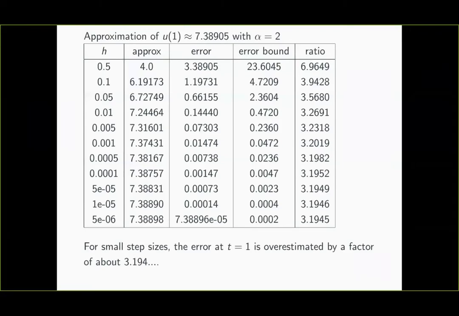The ratio of the error bound versus the true error is roughly 6.9, which is quite some overestimation. But as the step size decreases, we see that the error bound typically overestimates the true error by a factor of roughly 3.9. By the standards of numerical analysis, this is actually pretty good. So it's only an overestimation by some constant factor.